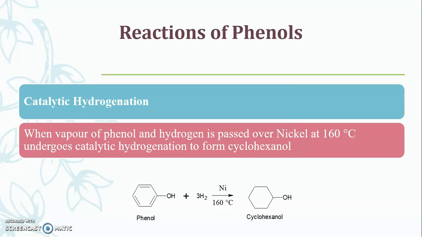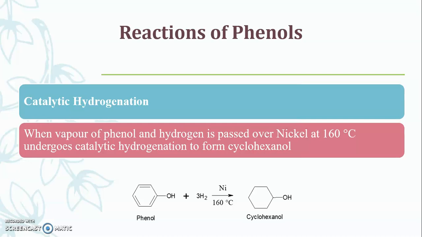We know that when 1 mole of hydrogen is added to any unsaturated compound, one double bond, that is the unsaturated structure, is converted into a single bond, that is the saturated structure.